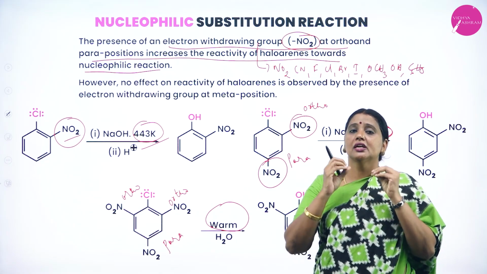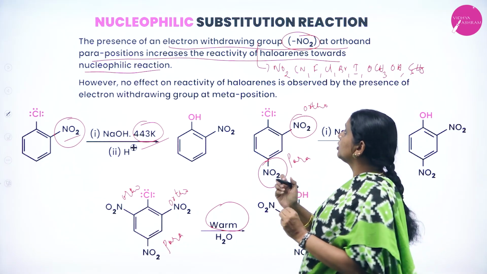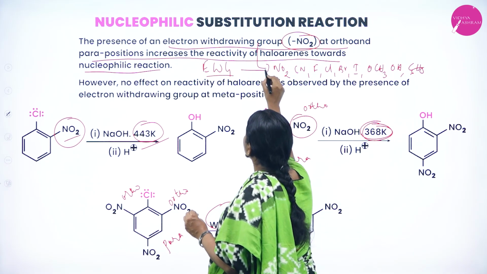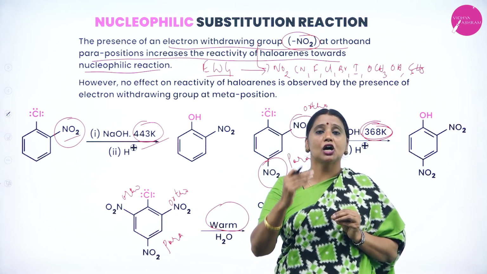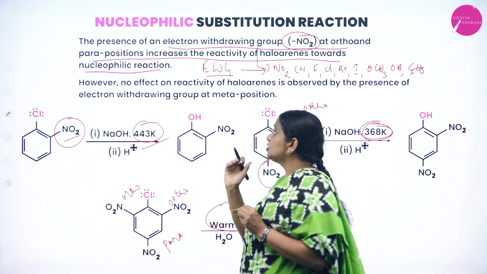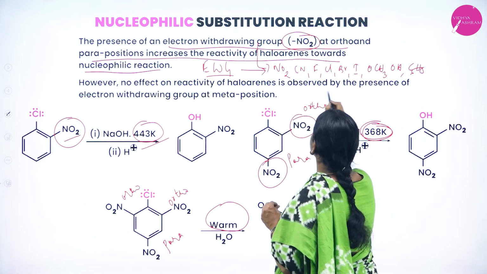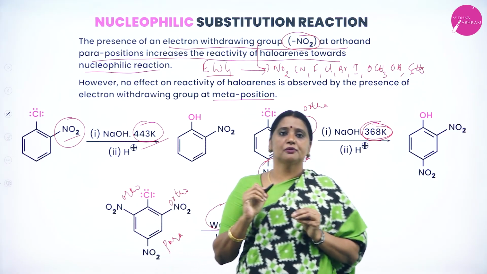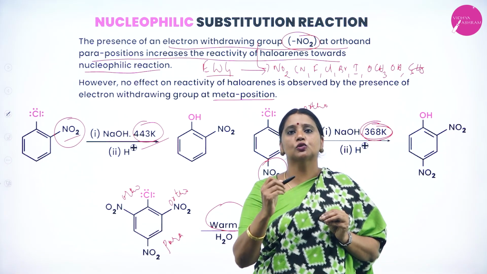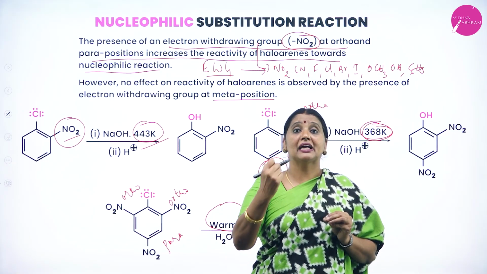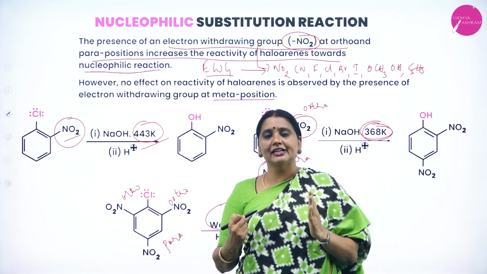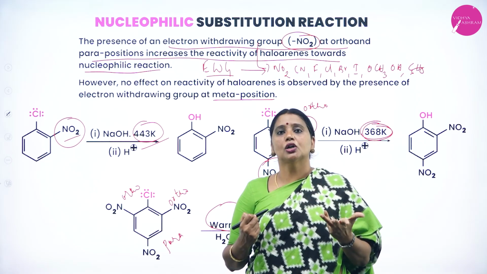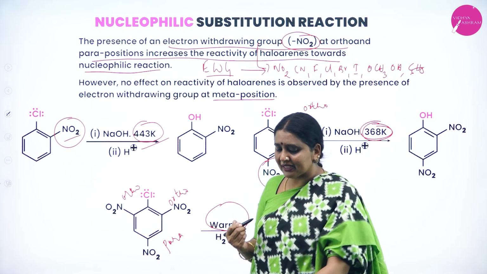Introduce an electron withdrawing group, like NO2, at the ortho and para positions. This is not observed at the meta position. Only introduce electron withdrawing groups at ortho and para, not at meta position.